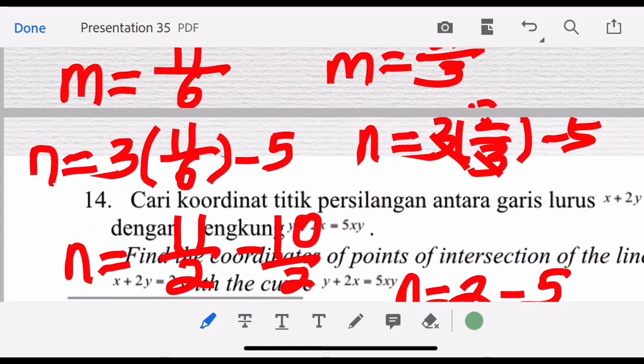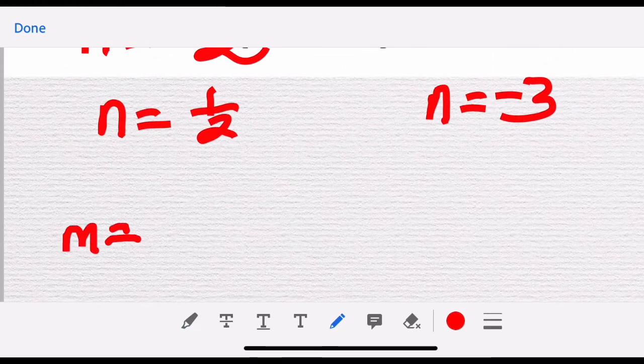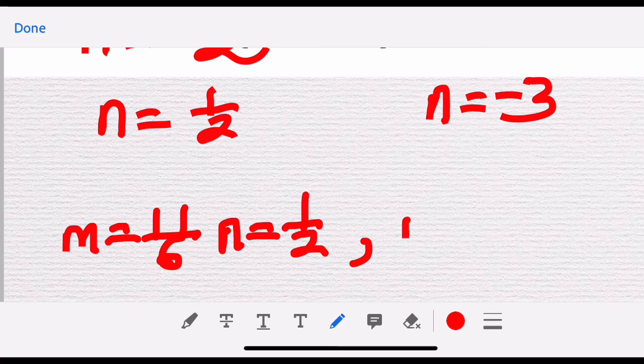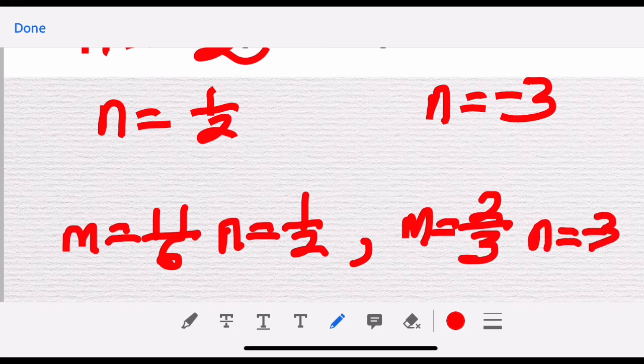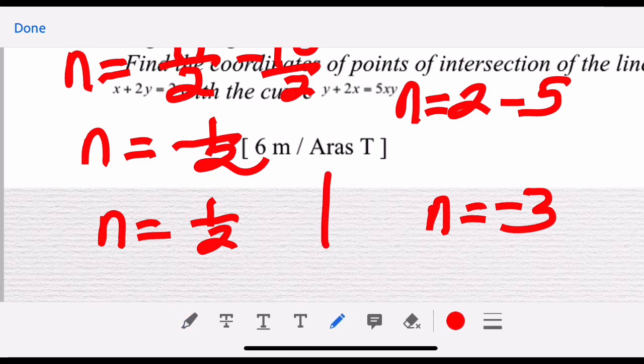So we can actually write down in terms of pairs. When m is 11 over 6, the n is 1 over 2, and when the m is actually 2/3, the n is negative 3. Alright, so that's our answer for m and n.